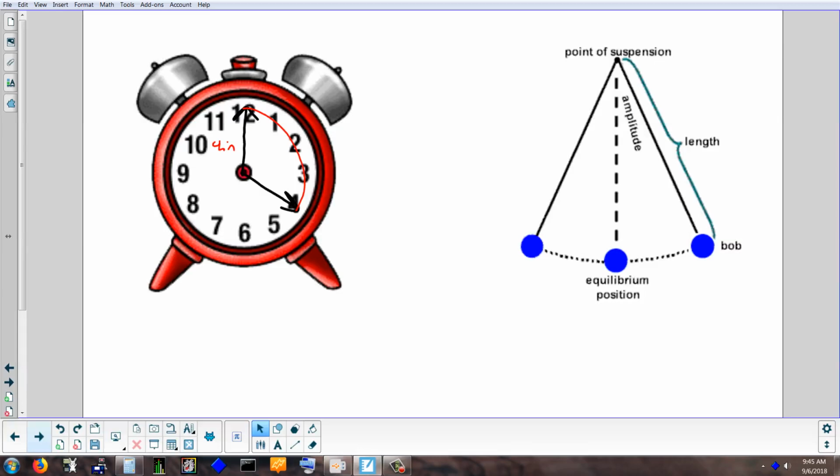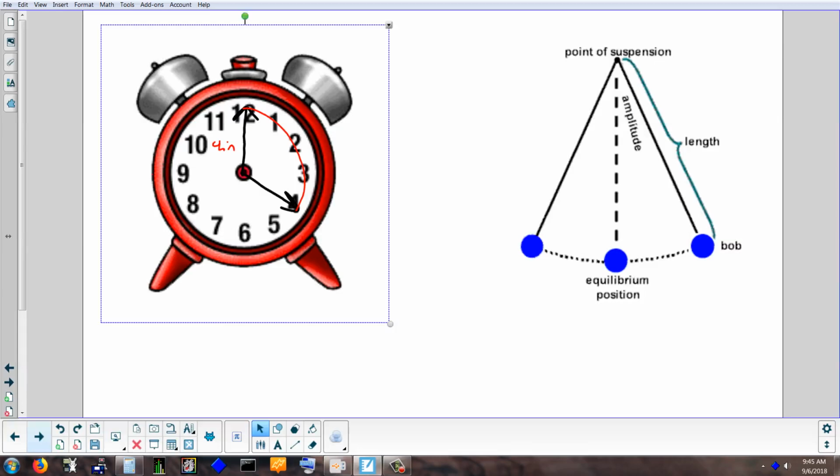Yeah, they're all 30, right? There's 12 sections on a clock. There's 360 degrees all the way around. Every section is the same, so they all have to be 30. So 30, 60, 90, that's a 120 degree angle right there. Of course, you'd have to change to radians, but that's part of one of the word problems.